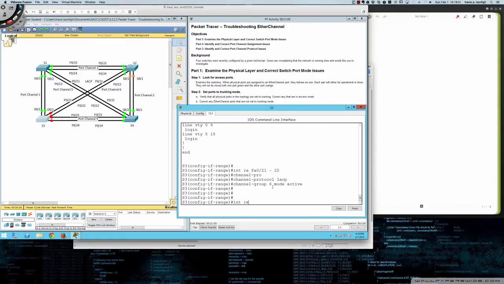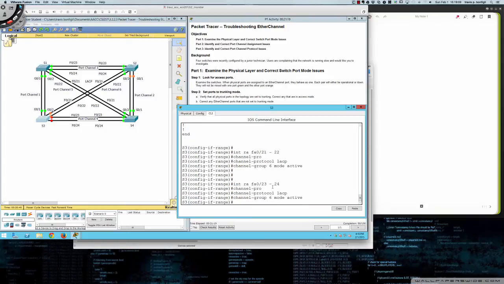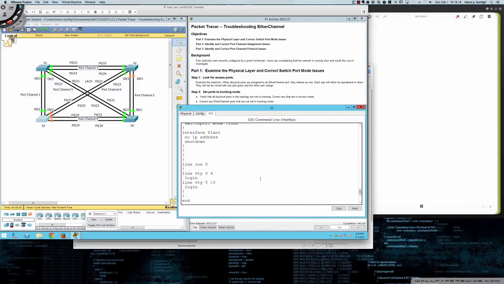And then we're going to say interface range FA0/23 to 24, and I'm going to say channel protocol LACP. I'm sorry, I did not want channel group 6 mode active. We wanted channel group, and I'm going to have to double check this again.